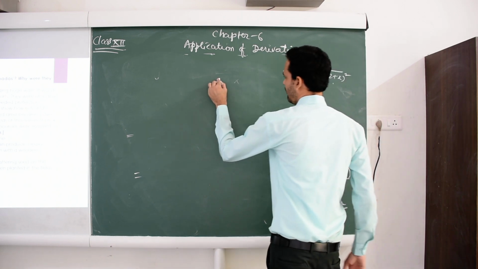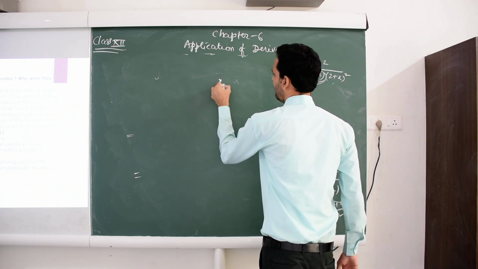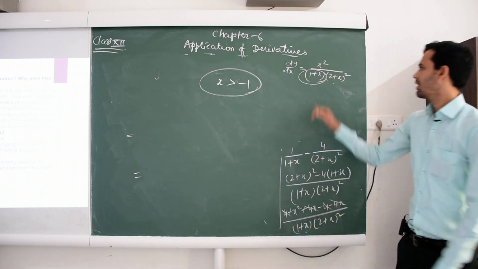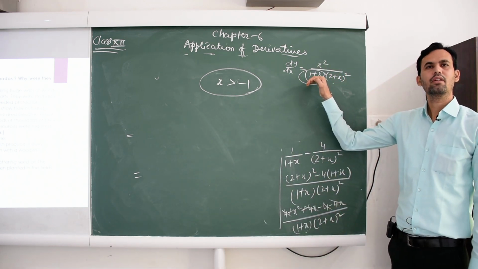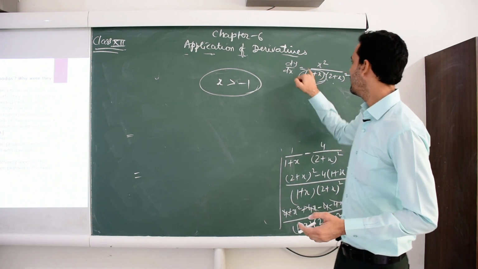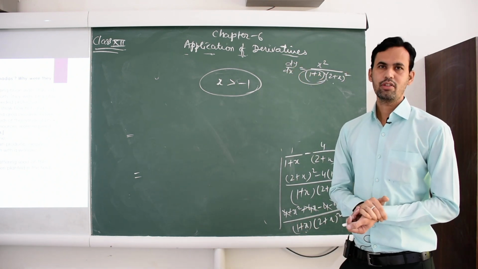So the value of x, if we take the value of x greater than minus 1, it means 0, 1, 2, 3, 4, then we get this dy by dx positive.